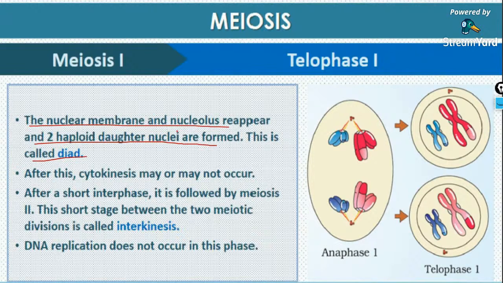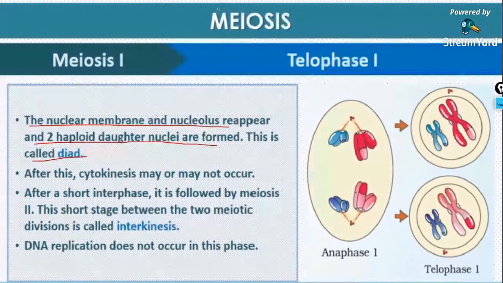So, disappearance of spindle fibers. Reappearance of nuclear membrane and nucleolus.